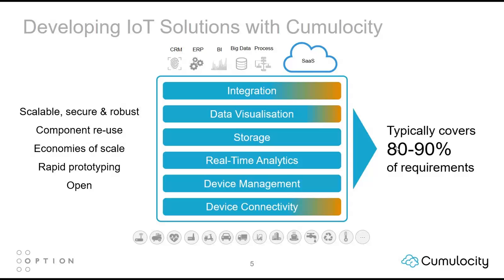The remaining 10 to 20% can be easily developed using our open APIs, plugins, and application integration. Our IoT platform is inherently carrier-grade for security, reliability, and availability, and is both device and network agnostic. It can be deployed across 20 global cloud hubs on 5 continents, or on premises in the customer site, or as a hybrid of both.